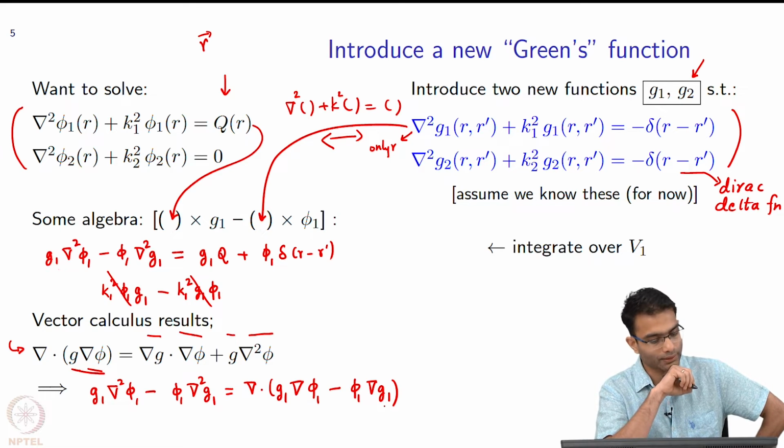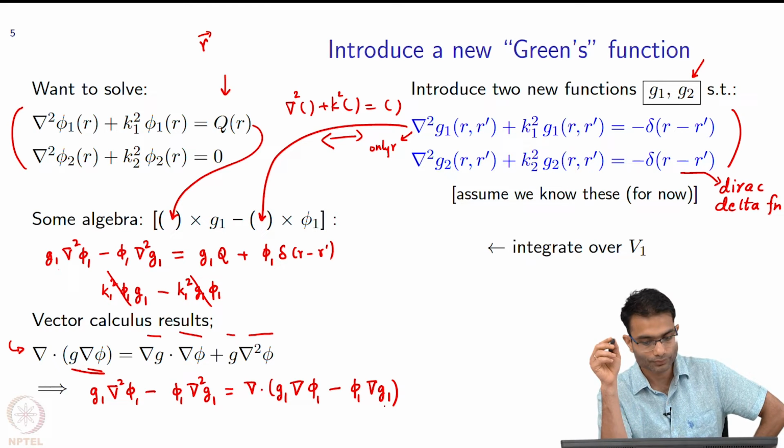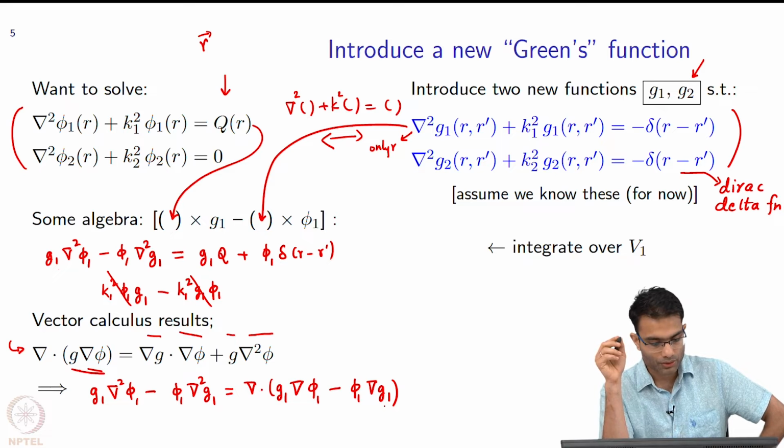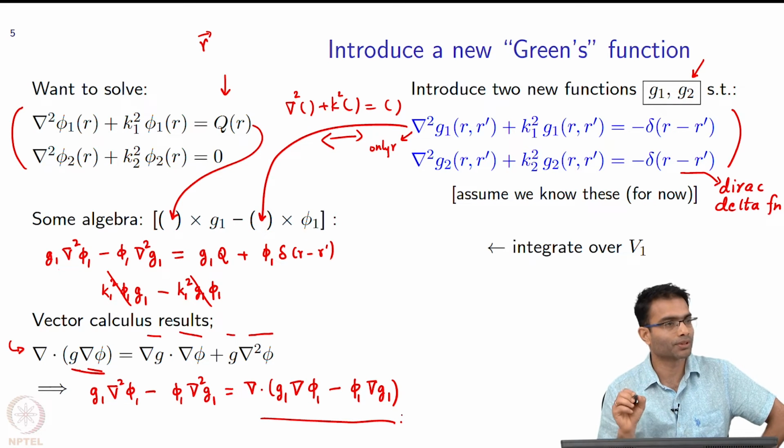Correct, because the del g dot del phi term comes both times and cancels off. All right. So, this is one manipulation that we did. We will keep this result with us and hold it in memory.